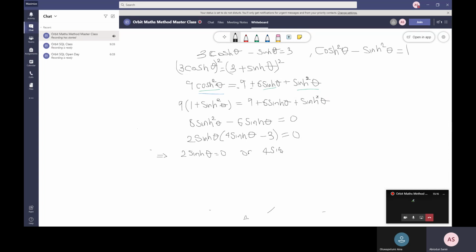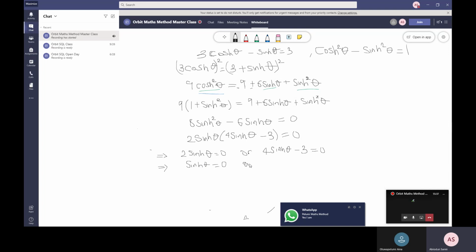4 sin theta minus 3 is equal to 0. So that implies what? Sin theta is equal to 0 over 2, right?